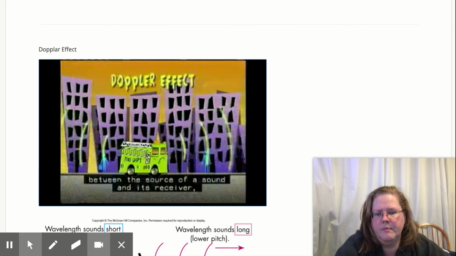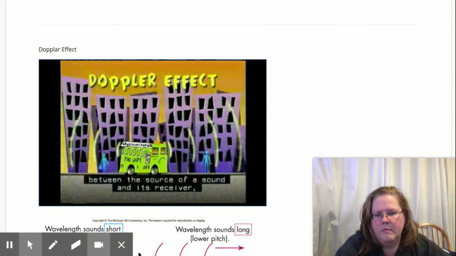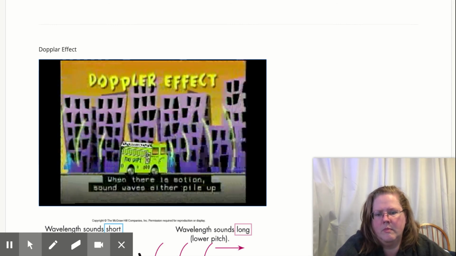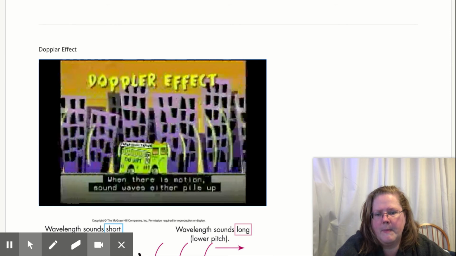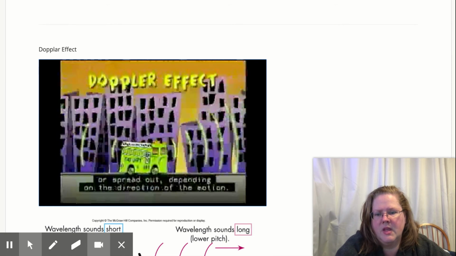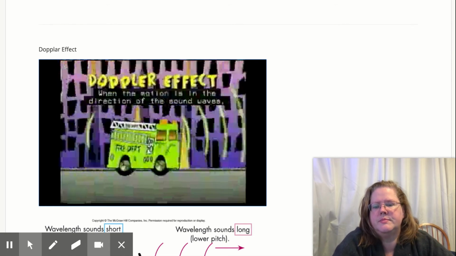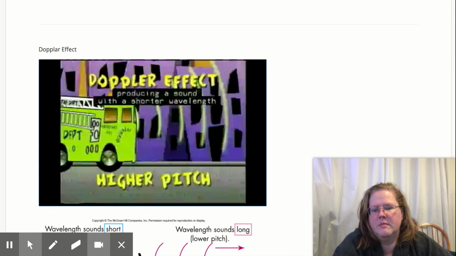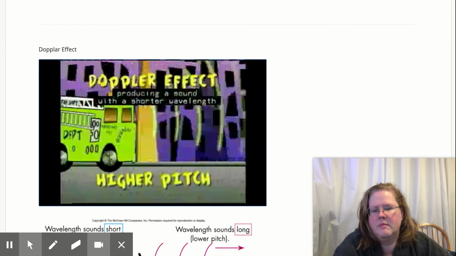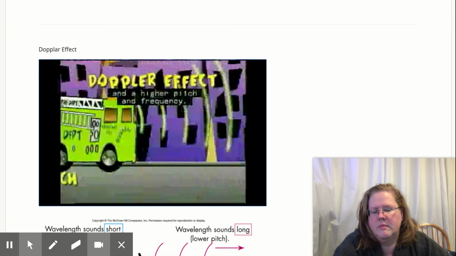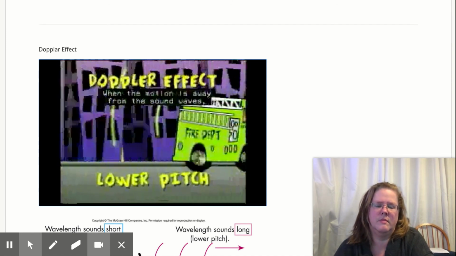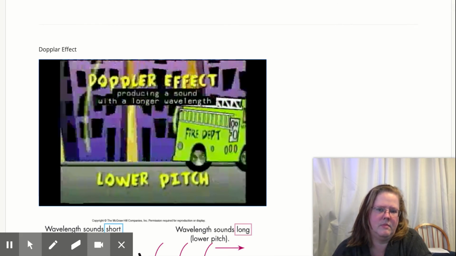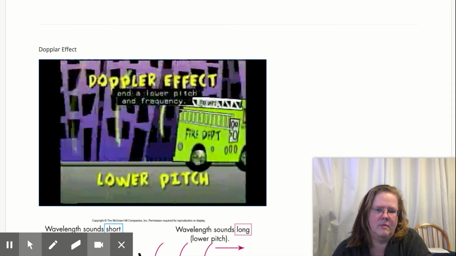When there is no movement between the source of a sound and its receiver, sound waves are sent out equally in all directions. When there is motion, sound waves either pile up or spread out, depending on the direction of the motion. When the motion is in the direction of the sound waves, they are pushed together, producing a sound with a shorter wavelength and a higher pitch and frequency. When the motion is away from the sound waves, they are more spread out, producing a sound with a longer wavelength and a lower pitch and frequency.